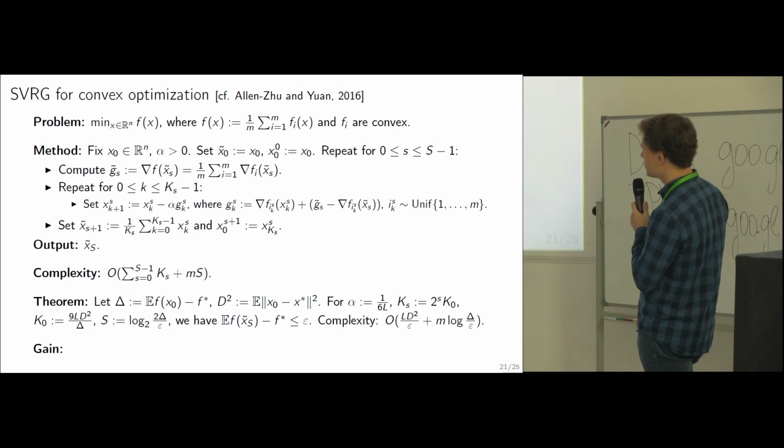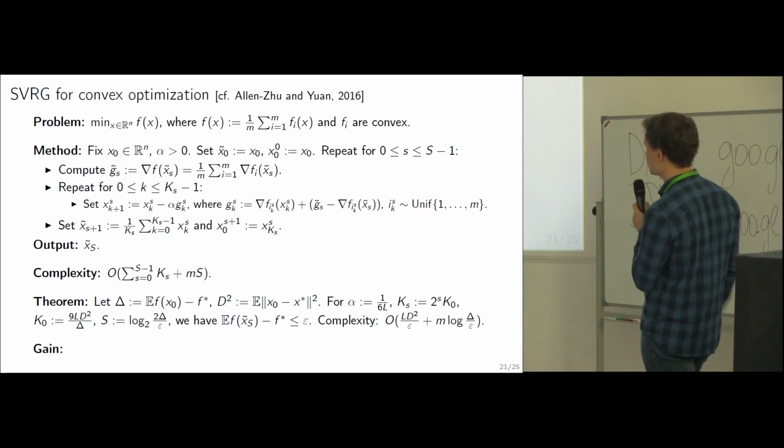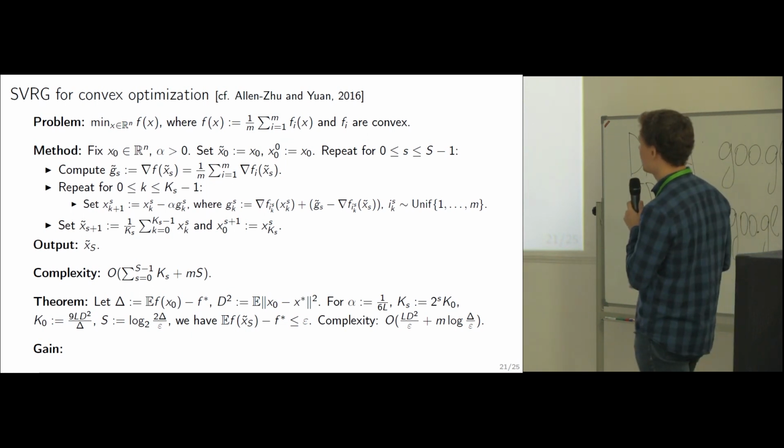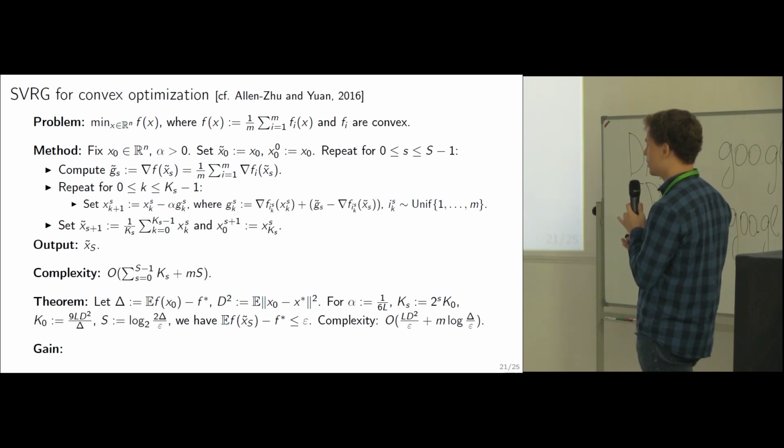And in the denominator, things are better because we have epsilon instead of epsilon squared. So the short answer to your question is that if you look carefully at the complexity of this SVRG method and the complexity of the SGD method, you will see that the SVRG method is always better, even up to some constants.